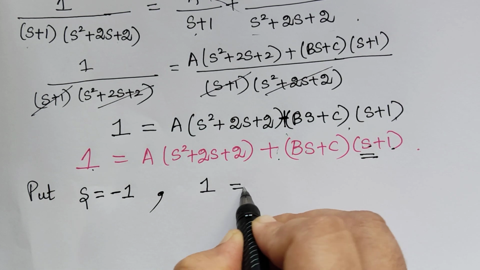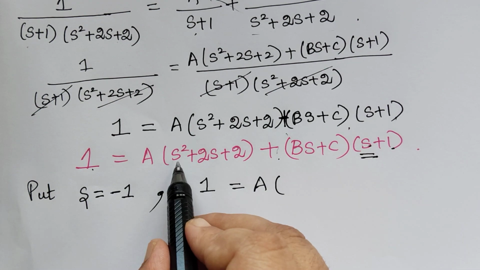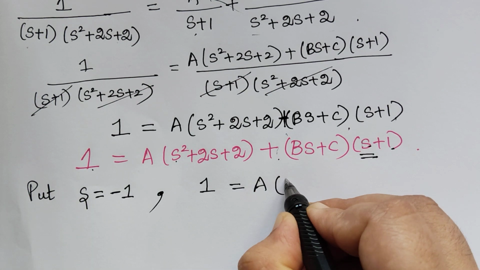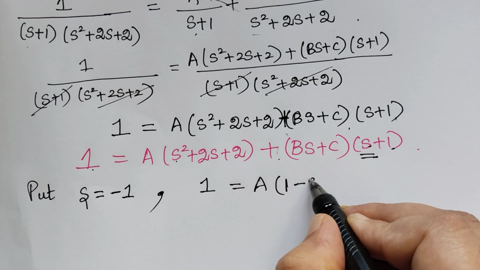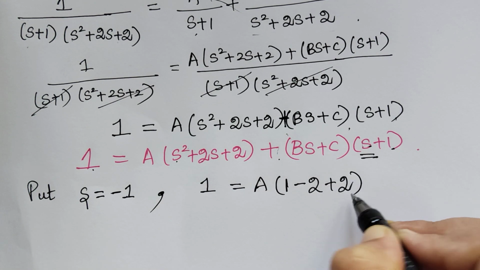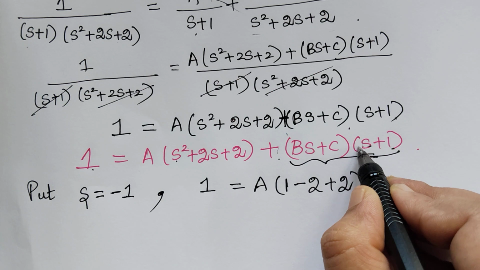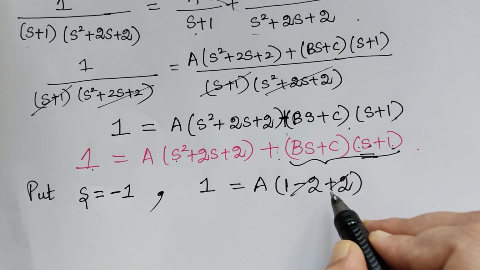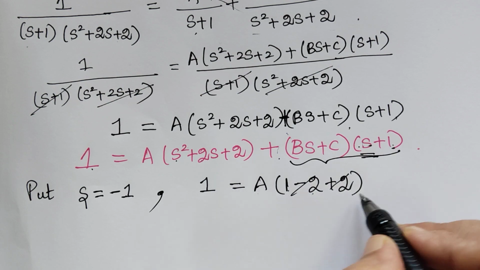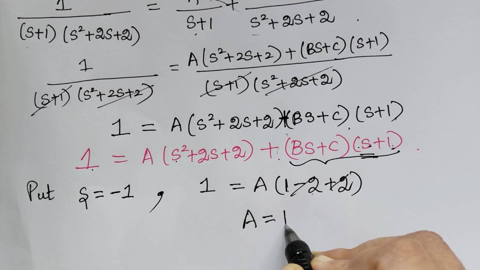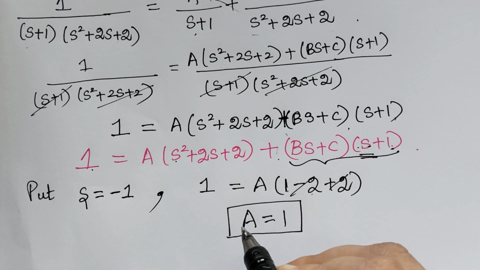So 1 is equal to A multiplied with minus 1 squared is 1, minus 2 into minus 1 which is minus 2, and then plus 2, and this full term becomes 0 because minus 1 plus 1 is 0. So these two terms, minus 2 plus 2, get cancelled, and A into 1 is A, and so we get the value of A to be equal to 1.